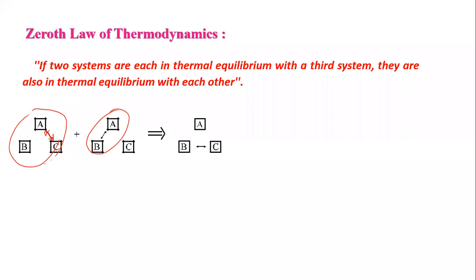Now here we can see A and C are in thermal equilibrium. A and B are also in thermal equilibrium. It means that B and C are also in thermal equilibrium. And this is the zeroth law of thermodynamics.